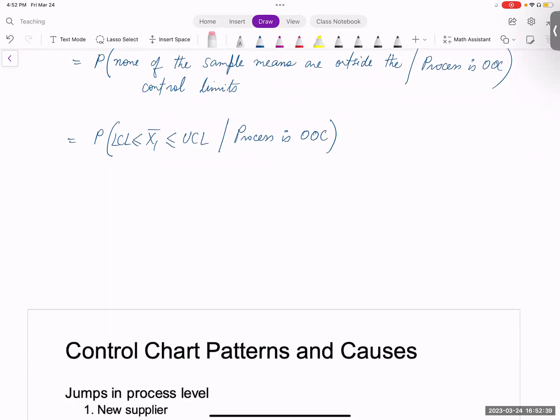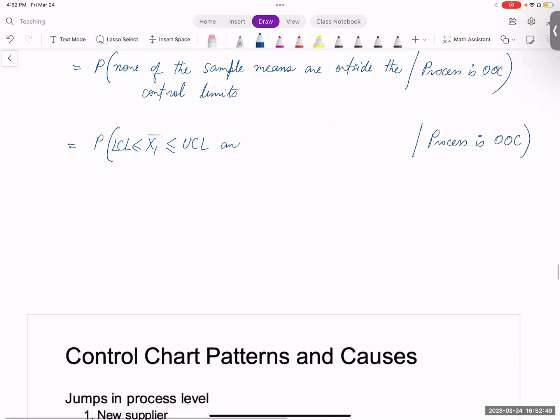Actually, let me not skip steps. Let's say X1 bar is less than or equal to UCL, greater than or equal to LCL, and X2 bar is less than or equal to UCL, greater than or equal to LCL, given the process is OOC, raised to the power 2. I am using less than or equal to just to maintain consistency.